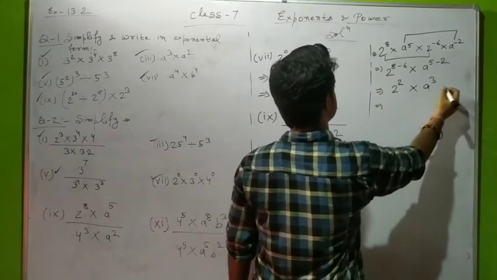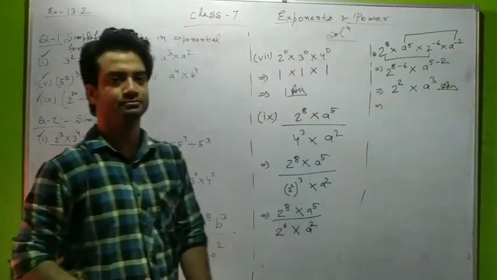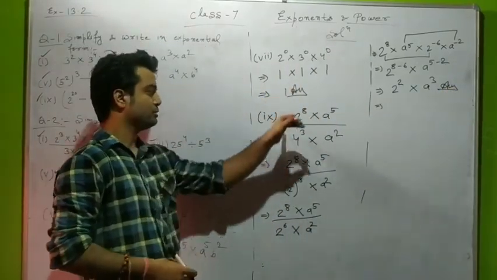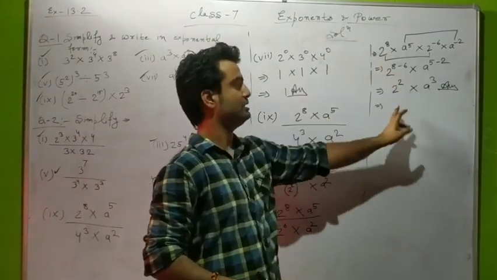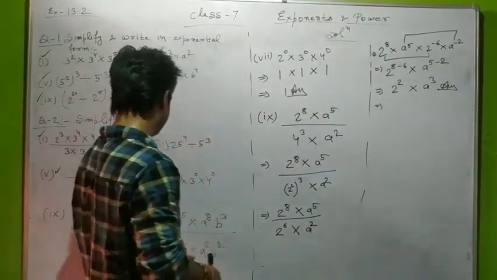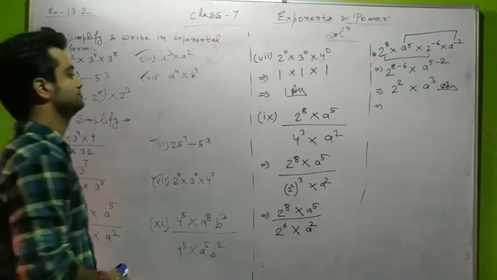So the answer is 2 square into a cube. Easy. Look at all the steps and revise once again. Then we will proceed to our 11th question.